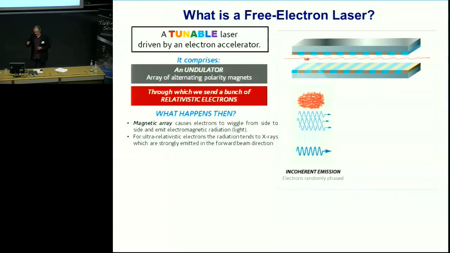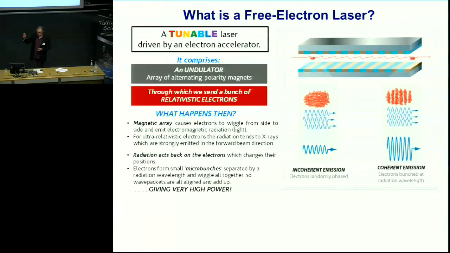If people don't know about undulators, as the electrons pass through, the magnet array causes the electrons to wiggle from side to side, which emits a powerfully intense field of X-rays, electromagnetic radiation, strongly emitted in the forward beam direction.